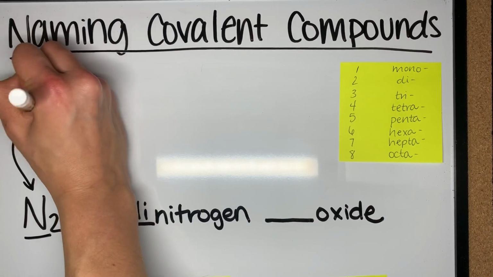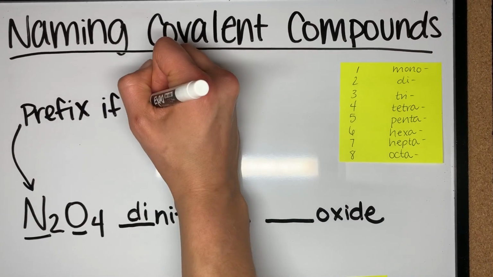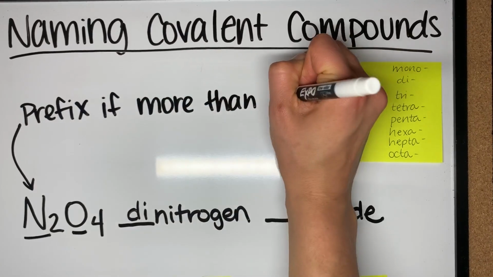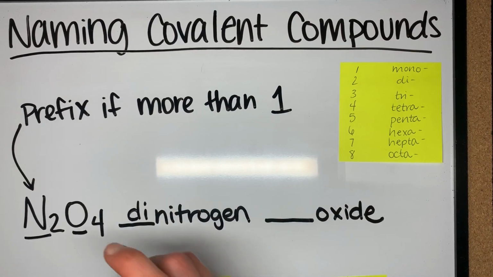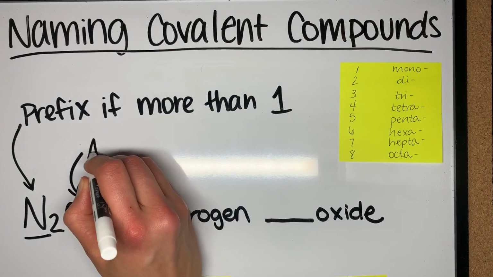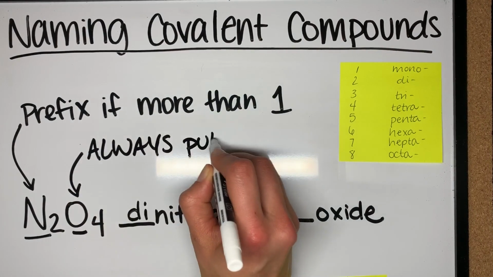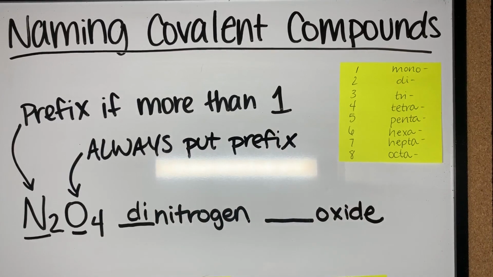So on the first one, we only put a prefix if there's more than 1. You never put a prefix if there's only 1. For the second element, you always put a prefix. Always. No matter how many there are, it always gets a prefix.